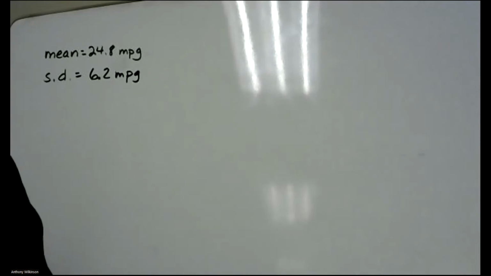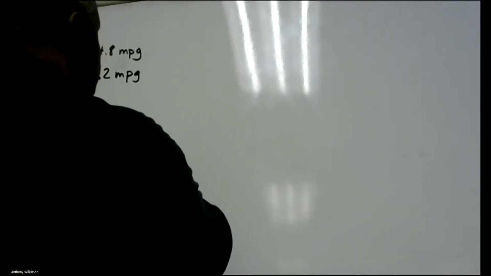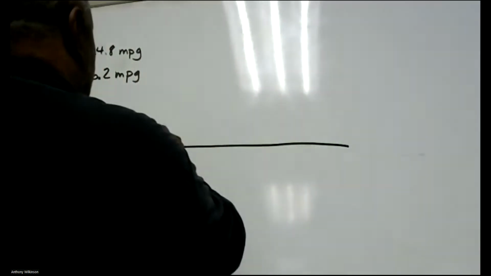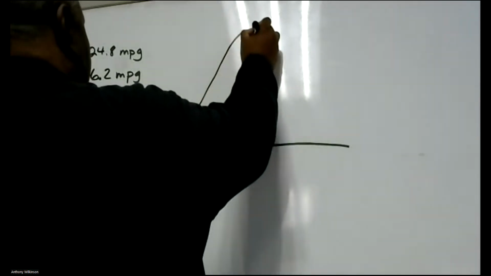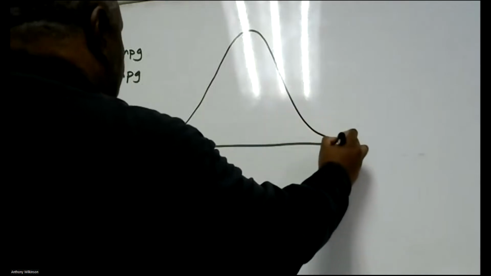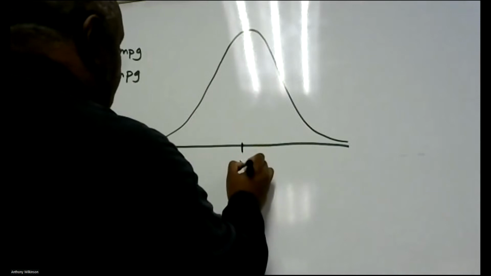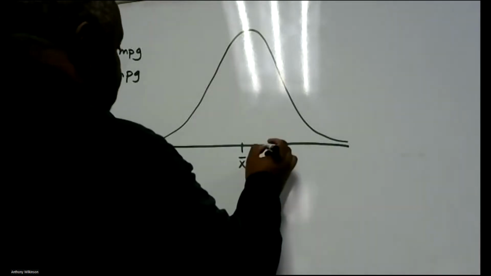Now what I'm going to do here is draw a normal curve on the board. So here's my horizontal axis, and this will be the normal curve. It's like this. And X bar is usually going to be at the center of this curve. Then I'm going to draw 3 marks.